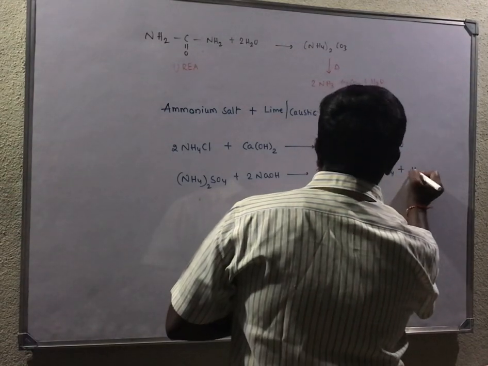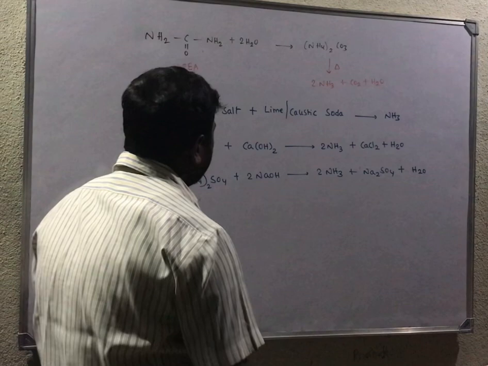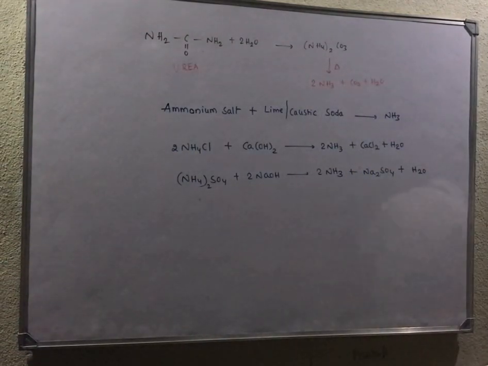Here also H2O is a byproduct. So ammonium salts react with lime or caustic soda to form ammonia.